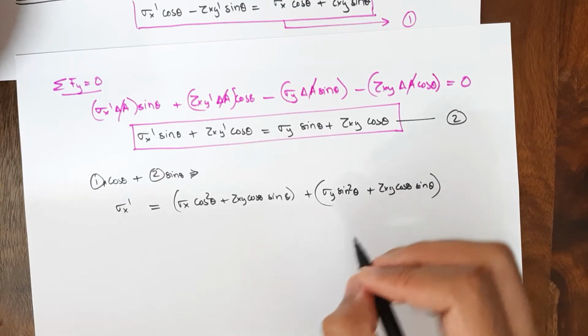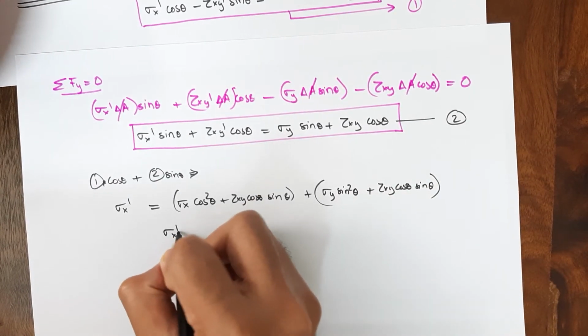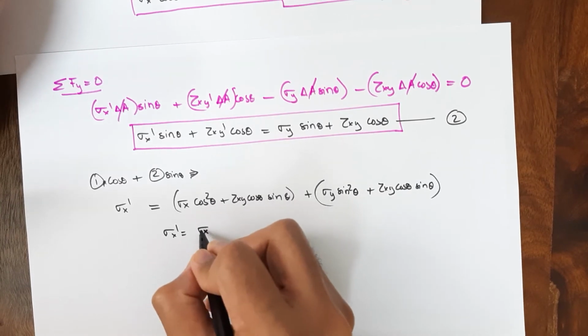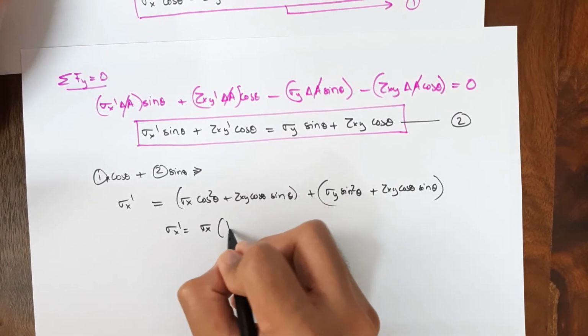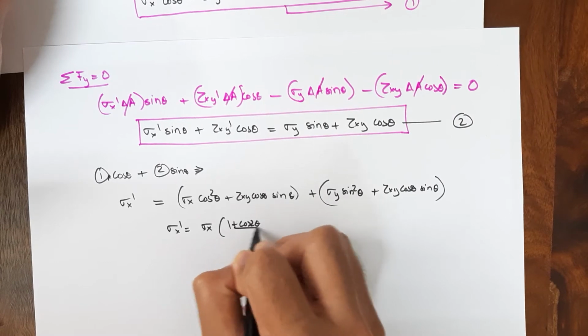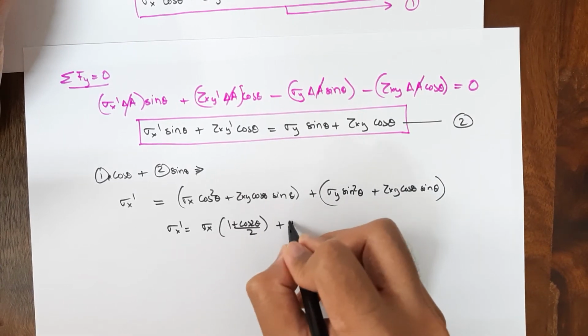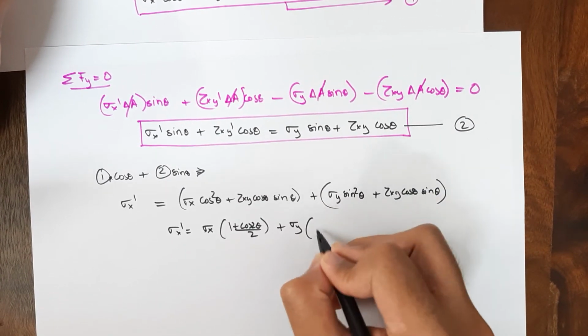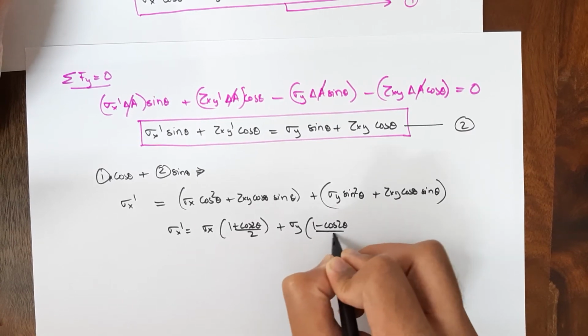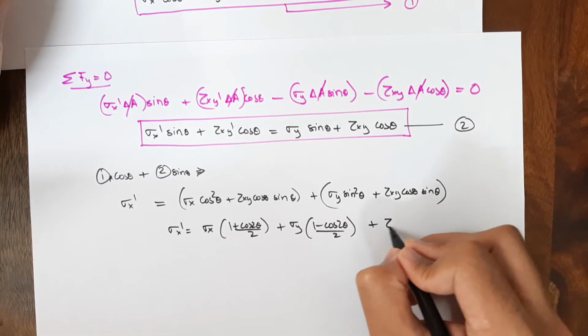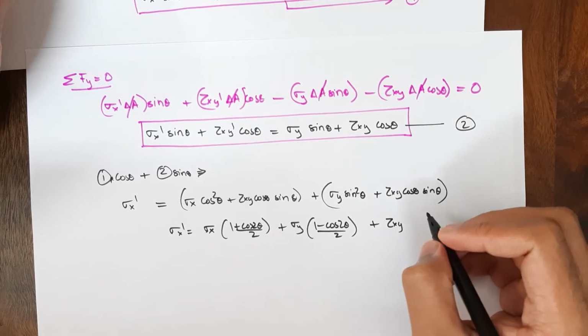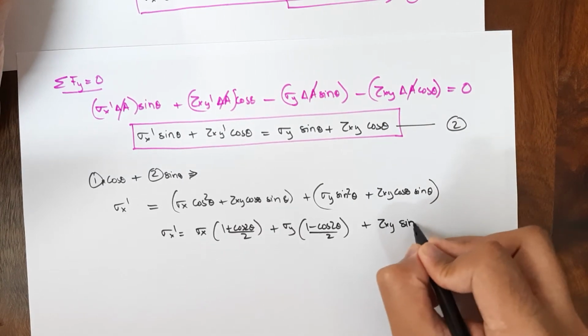So that is nothing but sigma x into, we know cos square theta is 1 plus cos 2 theta by 2, and then sigma y into sine square theta is 1 minus cos 2 theta by 2, plus tau xy into 2 cos theta sine theta. 2 cos theta sine theta is nothing but sine 2 theta.